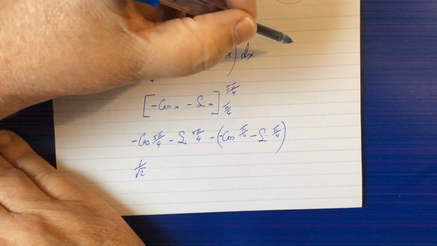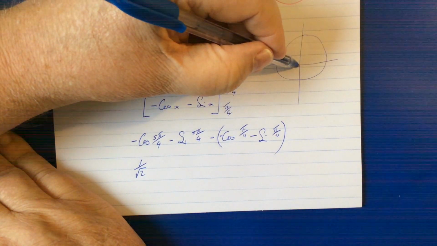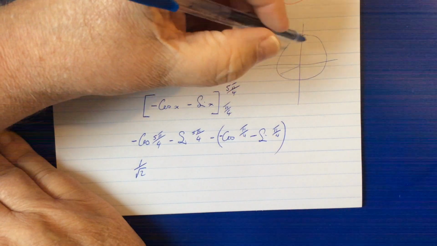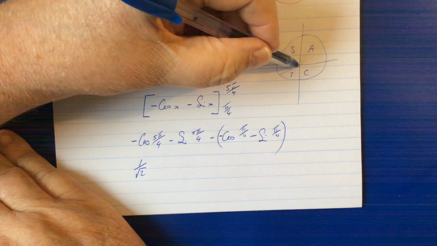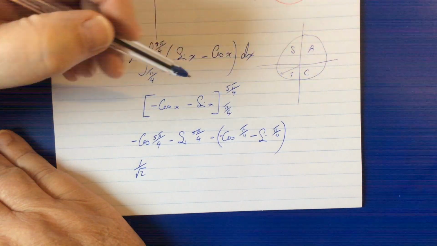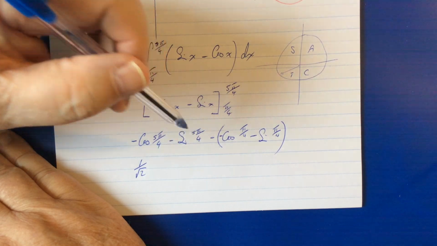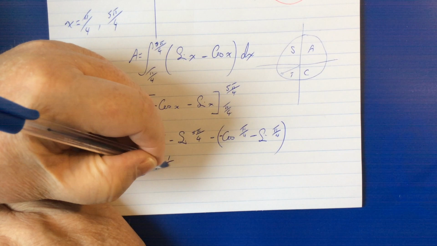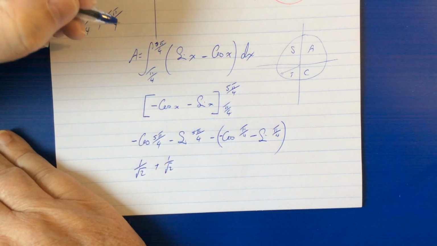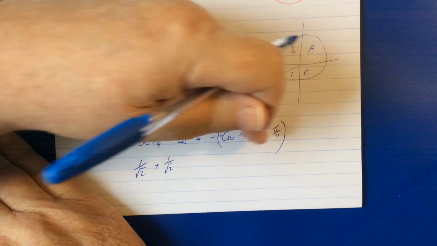If I do this very quickly, I can show you what I'm talking about. We're looking at this area down here, and both sines and cosines are negative in here, but because we've got minus this, it'll be minus minus, which will give us a plus, which will give us 1 on root 2. And it's the same story over here.